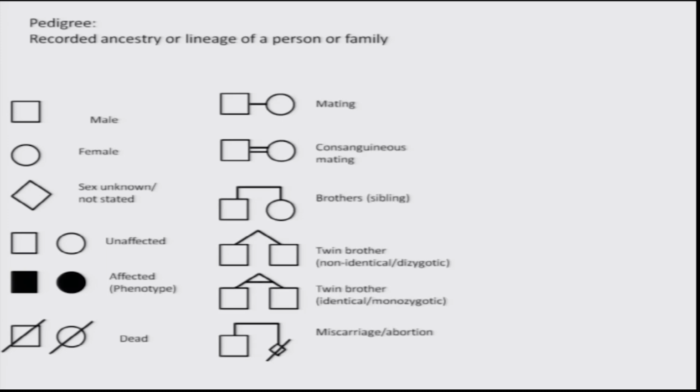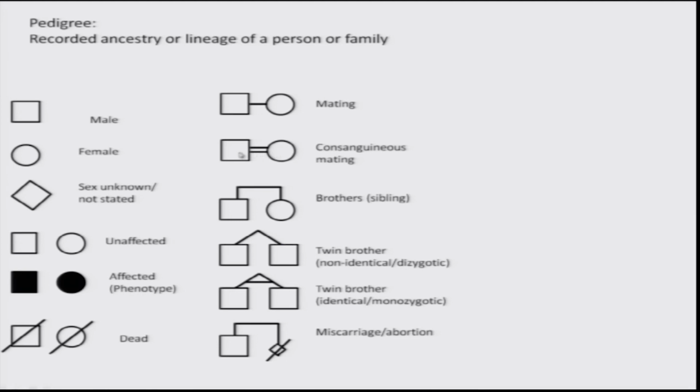There are more symbols. So far what we have discussed on the left side is individuals and their status, but now we are going to show how they are related to each other. Normally when you draw a line between 2 individuals, obviously between a male and a female, that represents mating. They are the biological parents.